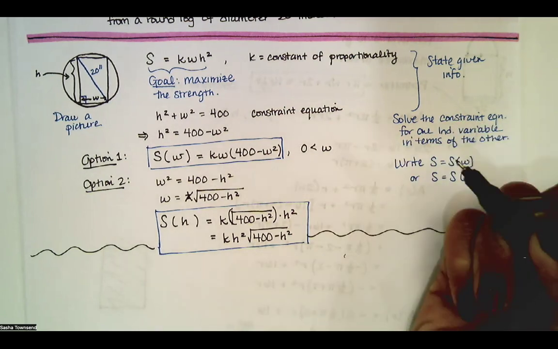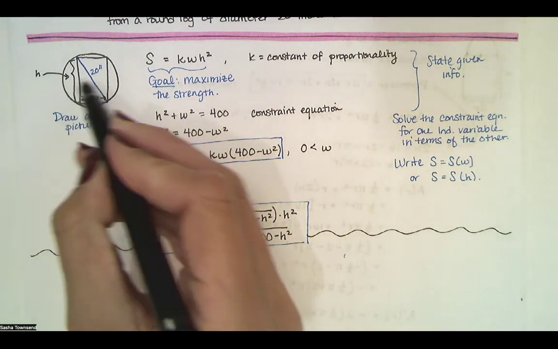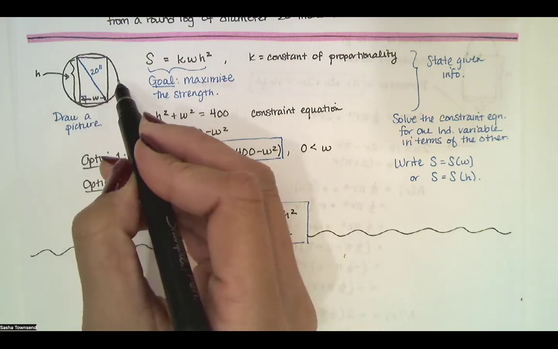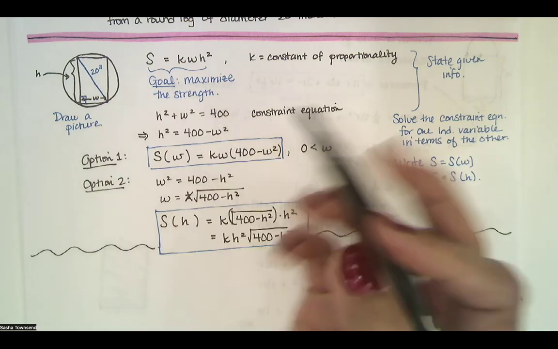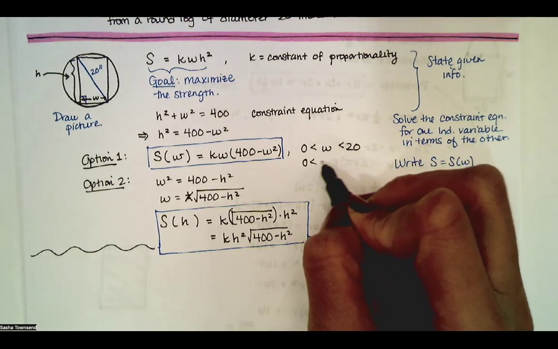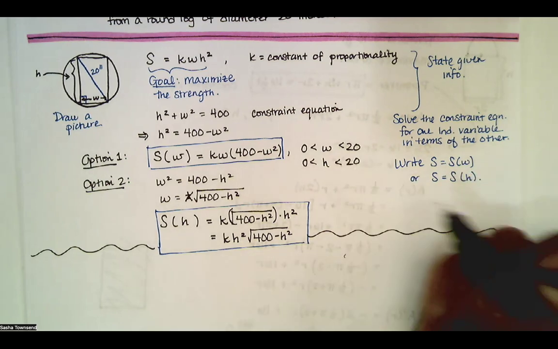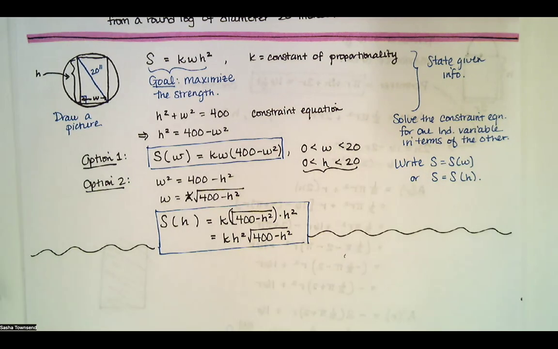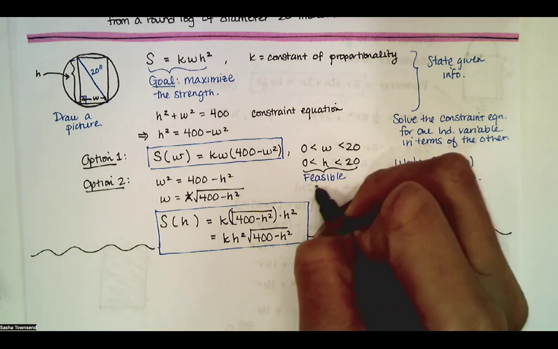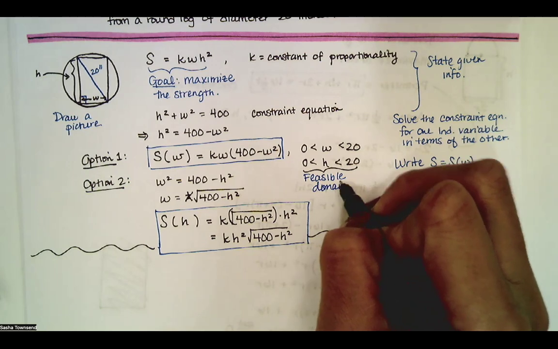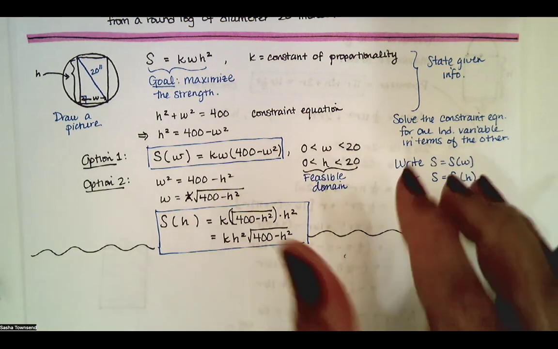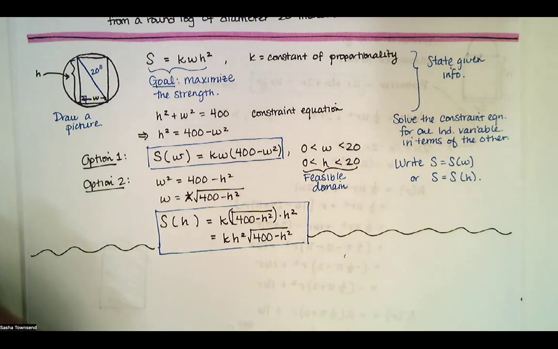So W has to be greater than 0, but it can't exceed 20 inches, right? Because the diameter of this beam is 20 inches. So W has to be between 0 and 20. And the same is true for H. This is our feasible domain. Might even be able to make it smaller than that, but that's good enough for me anyway.